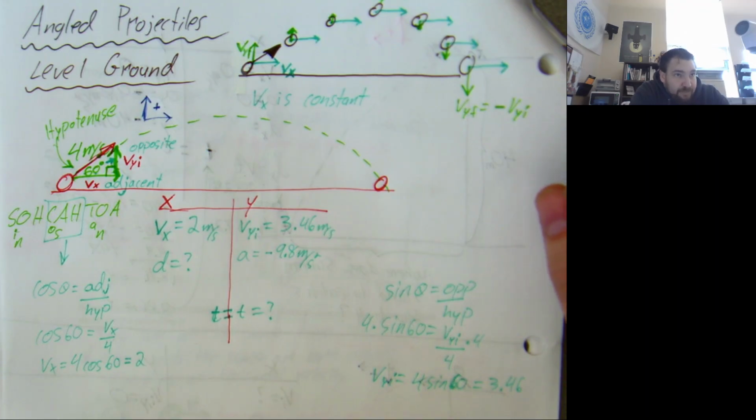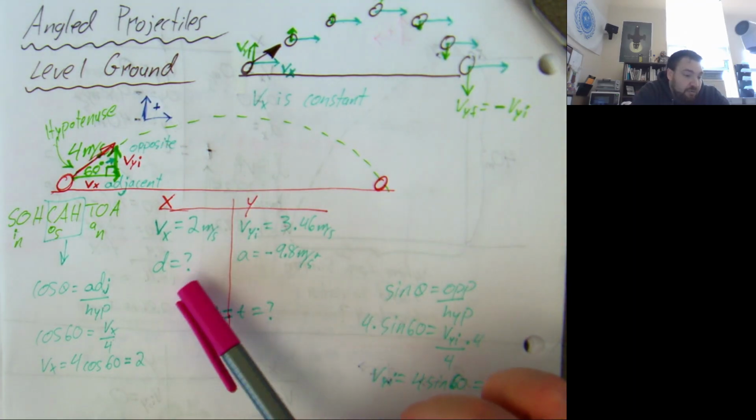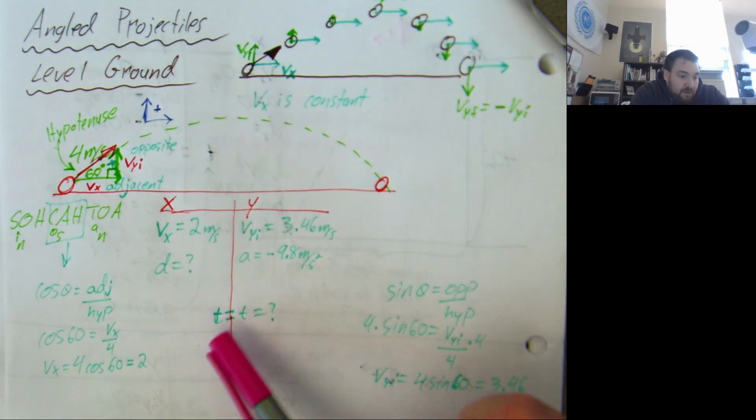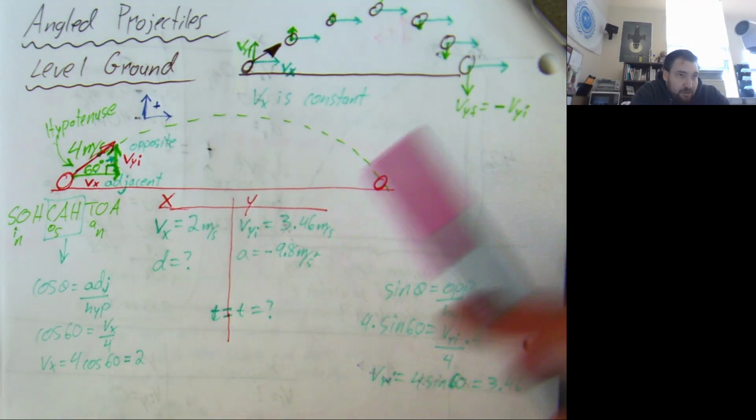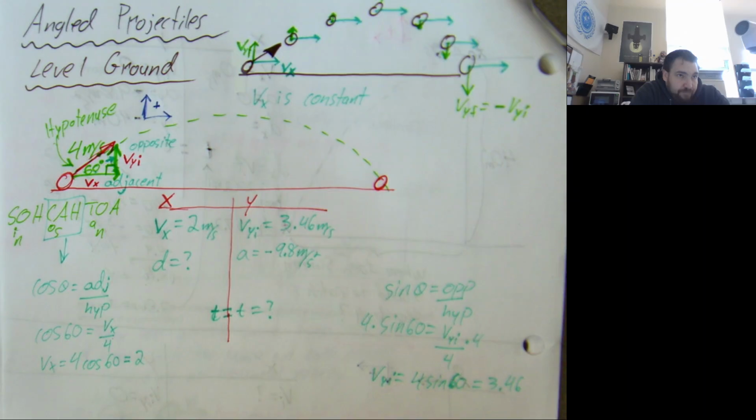Vertically? We do not know the vertical distance. Sorry? We can't know that until we know how long it took. We know Vy final in 2 places. Where do we know Vy final?